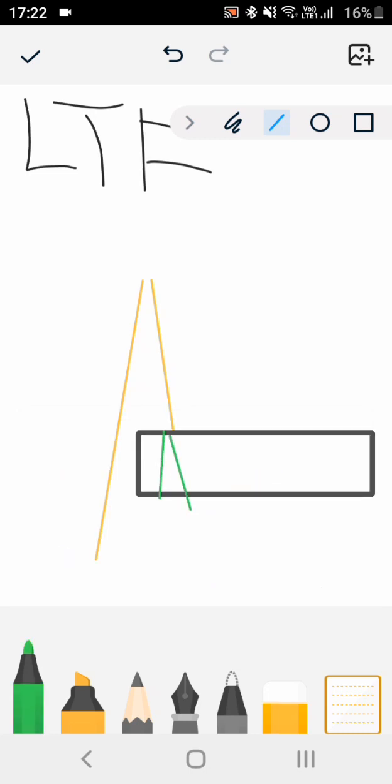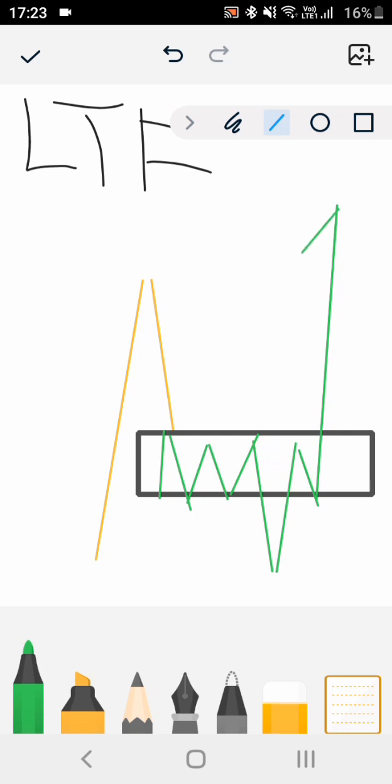They will create within that zone something like this, and then they will cause the price to push below the zone and then to come back up, and then it's going to cause that huge spike to the upside.